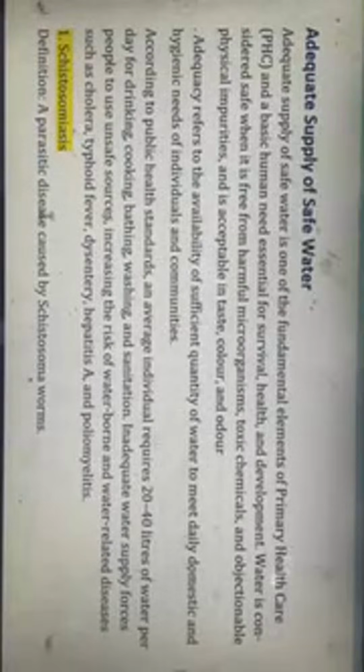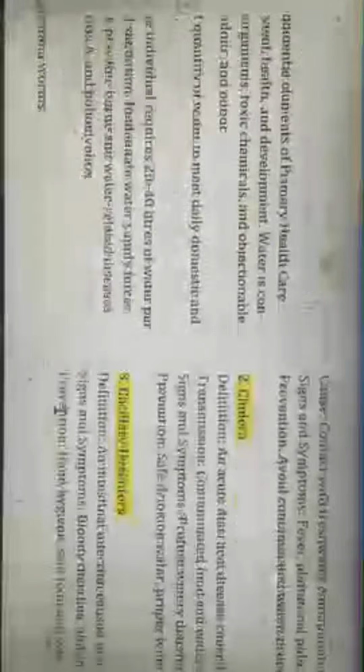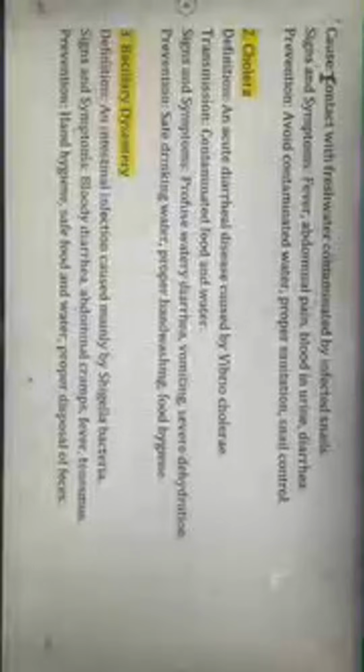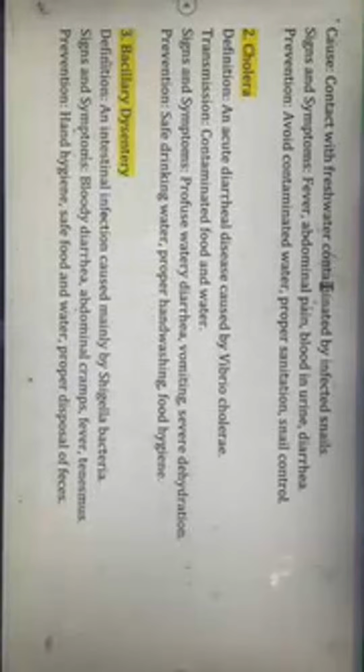schistosomiasis is a parasite by this worm, and it can be gotten through contact with fresh water that is contaminated with infected snails.